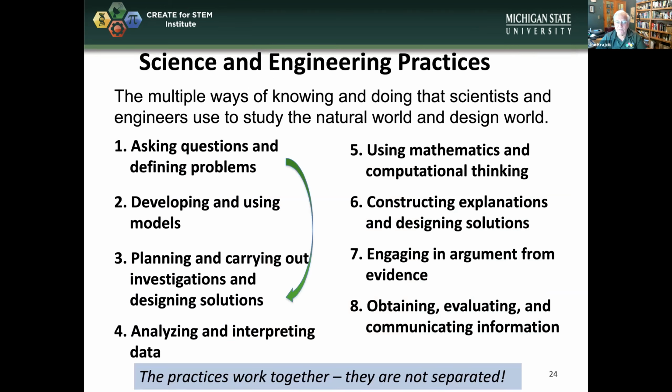We ask questions, we carry out an investigation. We did not, in this case, use mathematical thinking, but we did analyze and interpret data. We did develop an explanation, although we didn't construct a model. And we weren't involved in any arguments because we weren't working together, but hopefully it also led to some new questions. And it led to us obtaining and evaluating some new information.